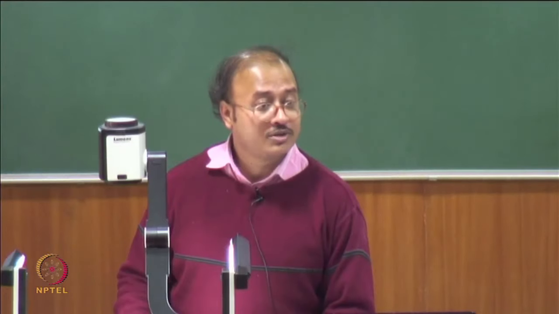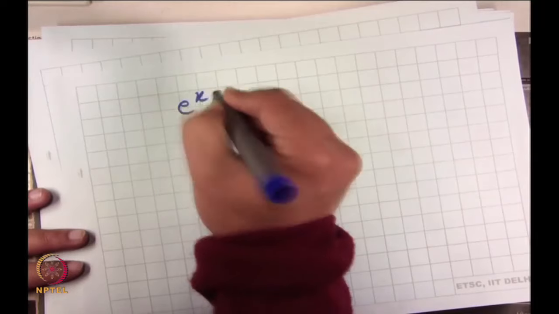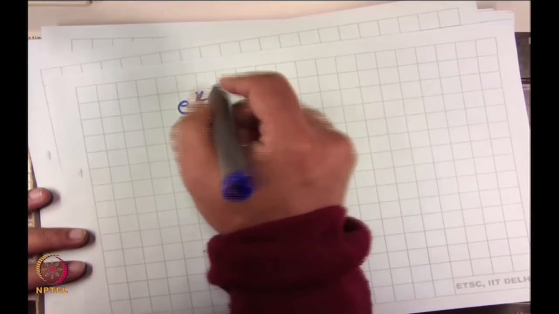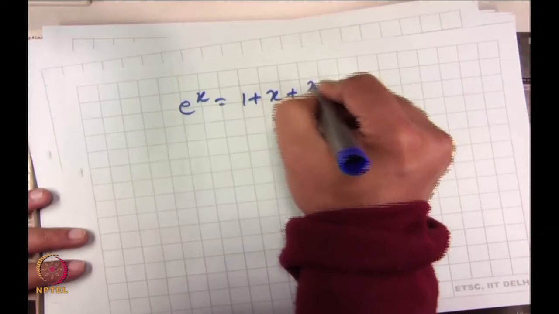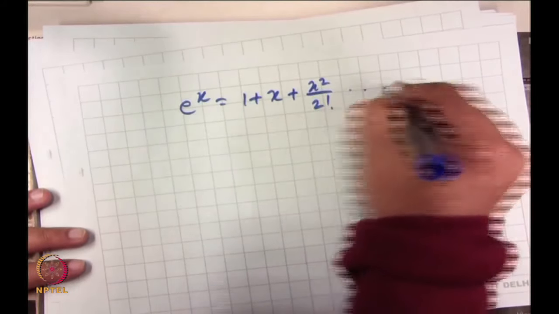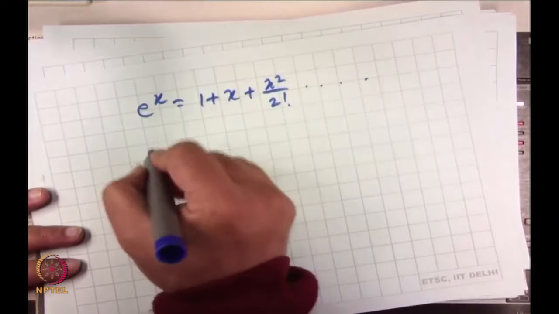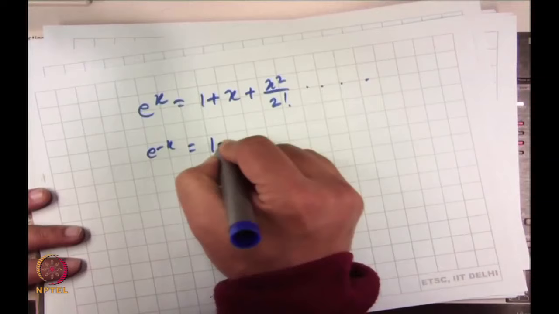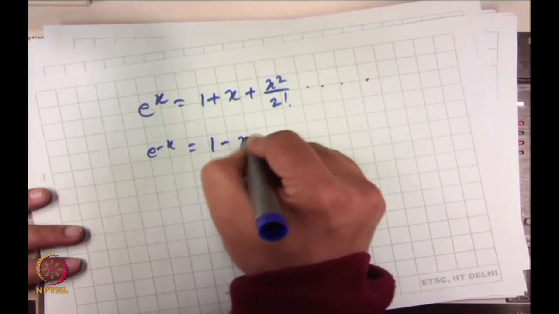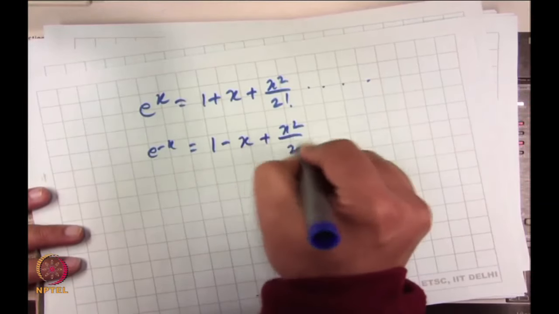Now, what is e to the power x if x is small? 1 plus x plus x square by factorial 2 and so on. Then what is e to the power minus x equal to? 1 minus x plus x square by factorial 2 and so on.